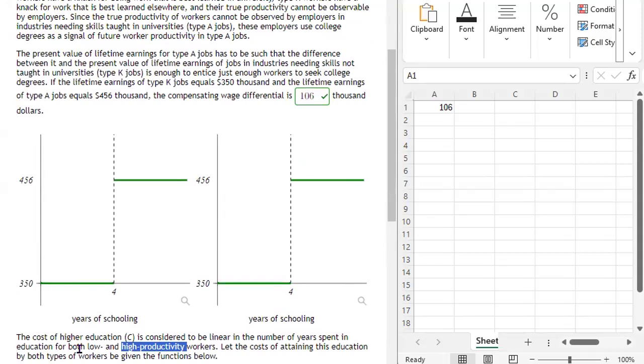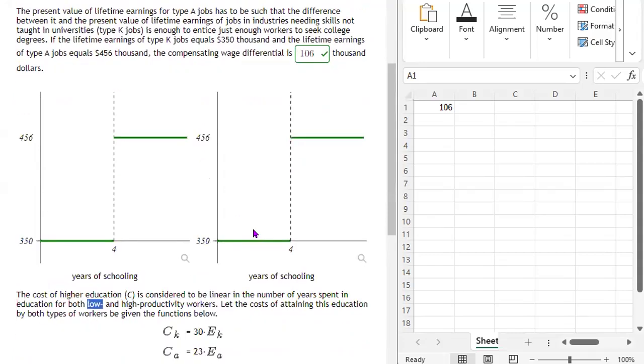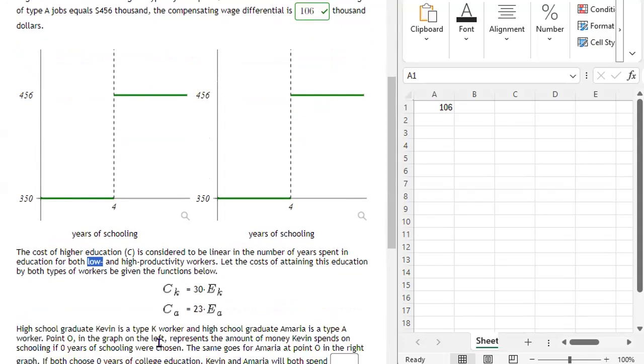The workers that don't have the college degree are signaling they're low productivity workers in these type A jobs, right? Let the cost of attaining this education by both types of workers be given by the functions below. So K-type workers, this is the number of years of education for them, and this is the cost.